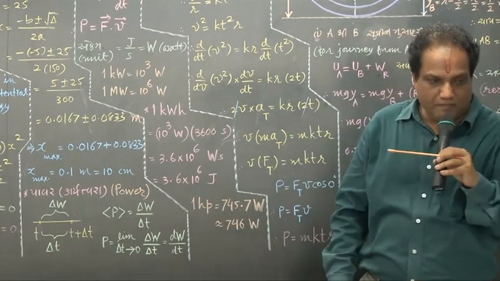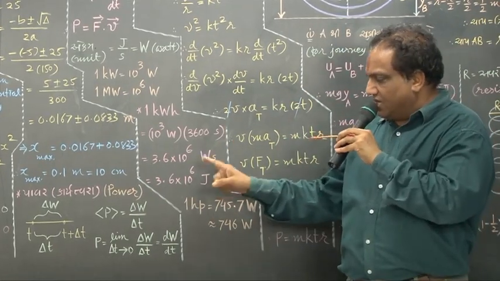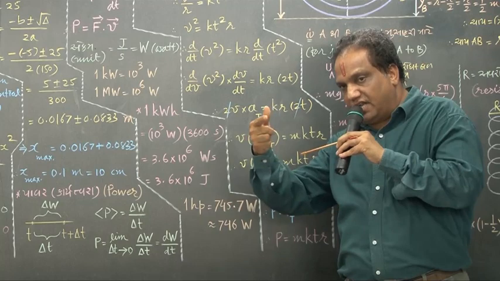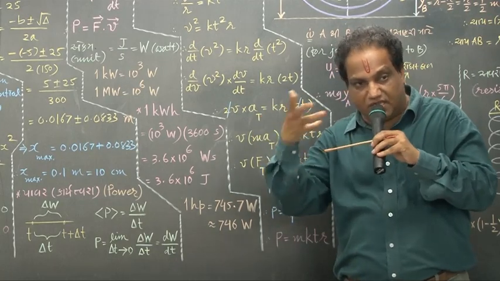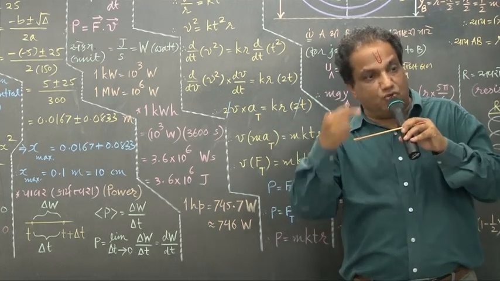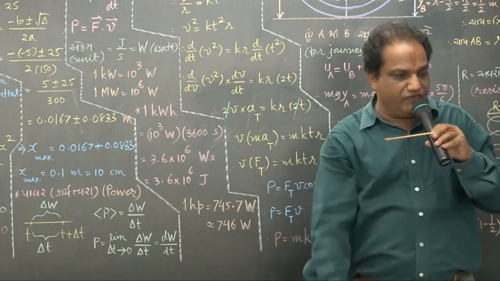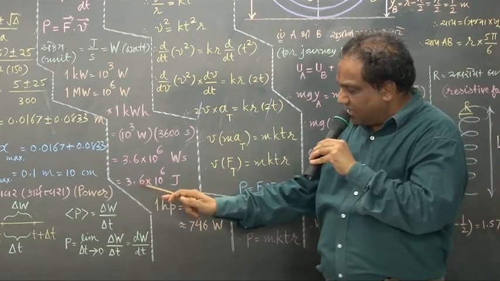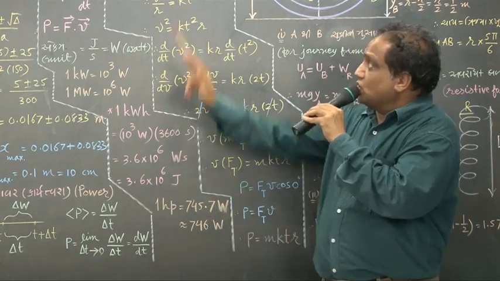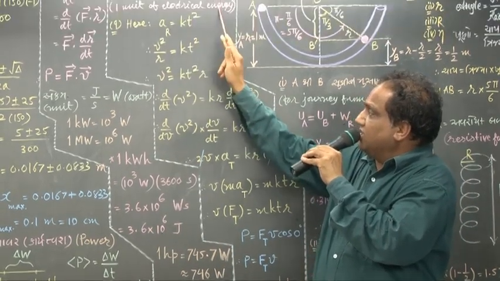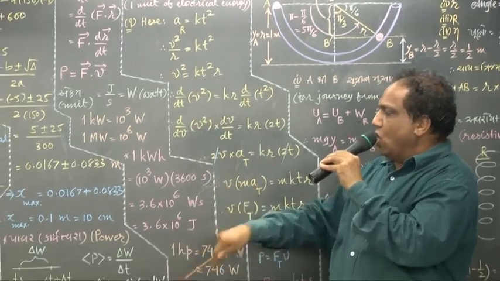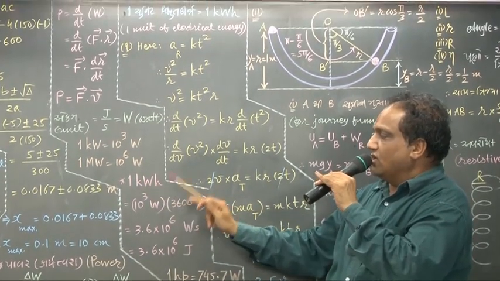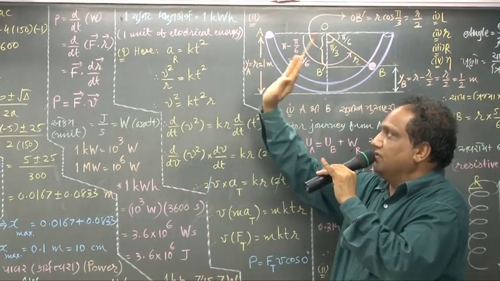Specifically this unit is used while calculating the bill amount in electrical consumption. There we use 1 unit of electrical energy, which means exactly this many joule, or it is called 1 kilowatt hour.